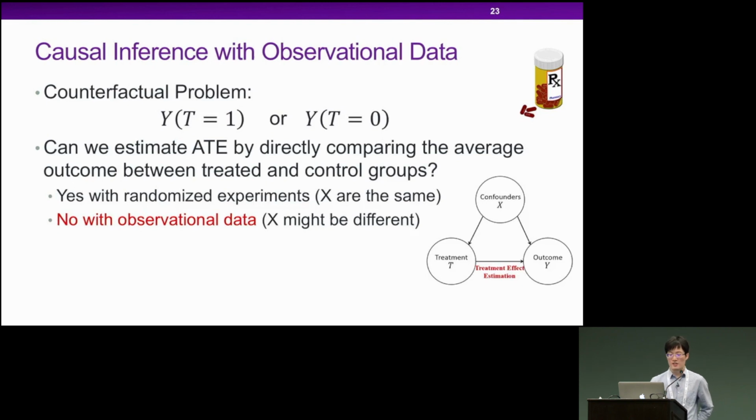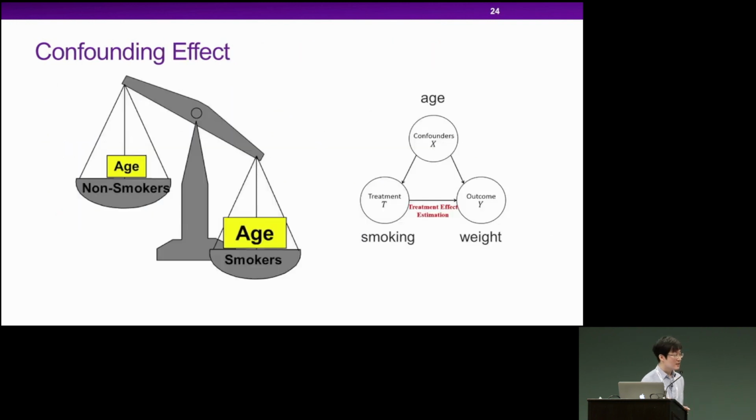So why do we need to guarantee that the X should be the same? Because of the confounding effect. Here is an example. From this observed data, you can observe a pattern that smokers usually have higher weights than non-smokers.